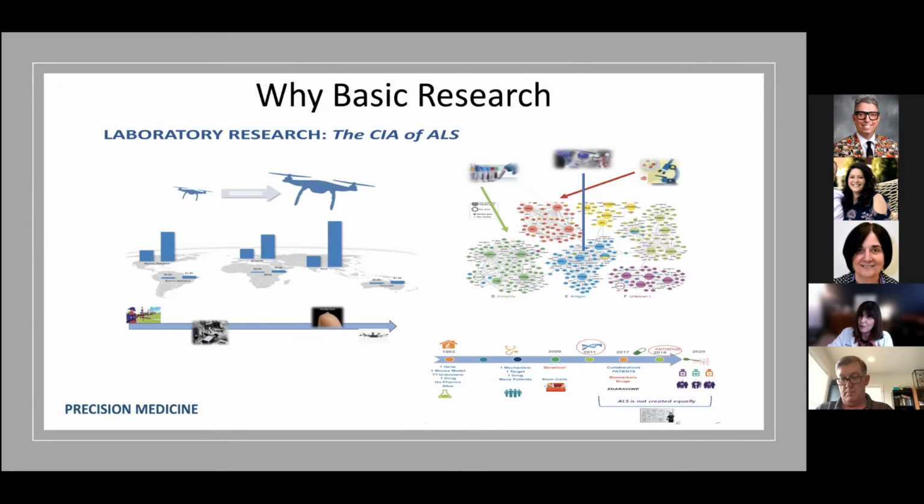Nothing really of what we do every day in the laboratory is different than an intelligence approach to find an enemy at war. And if we all think that in this call we are all collectively at war with ALS, then the job of a bench researcher is really to find out where the enemy lives, where it hides, and how it functions, so we can really surprise it and kill it right there.